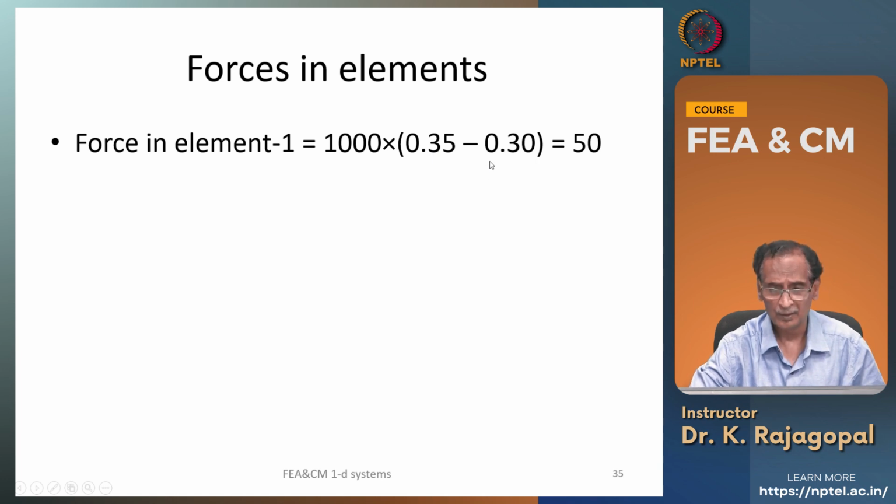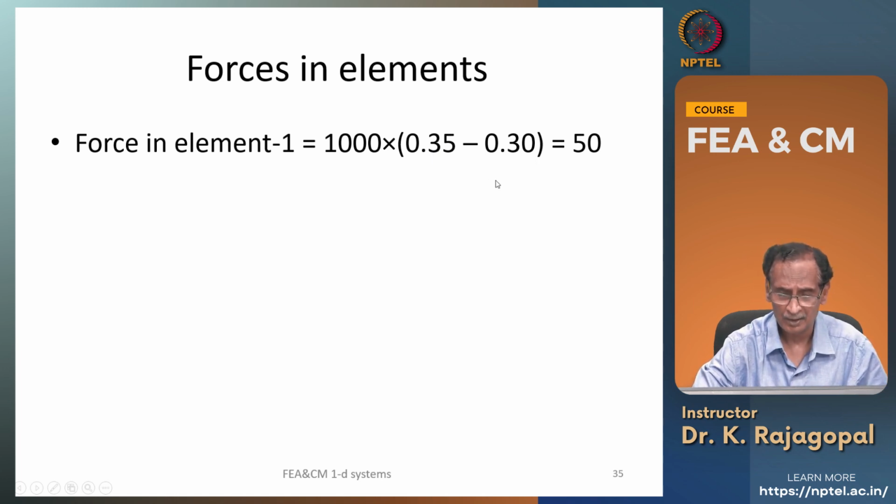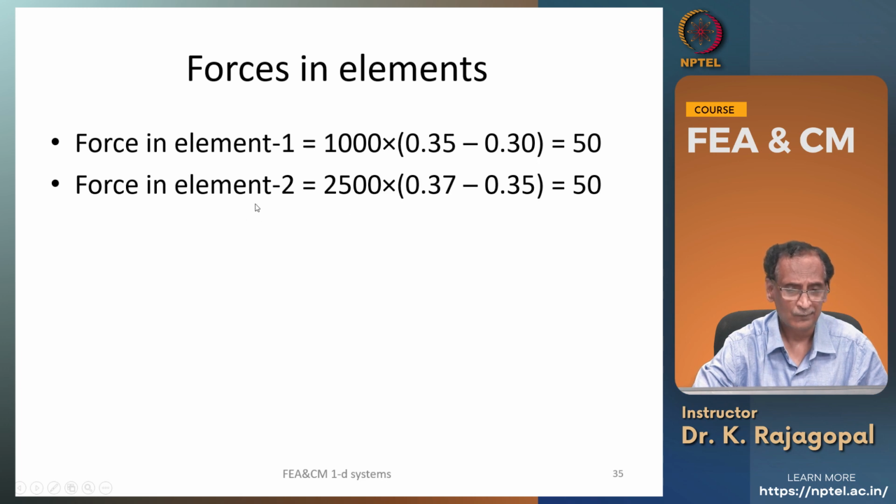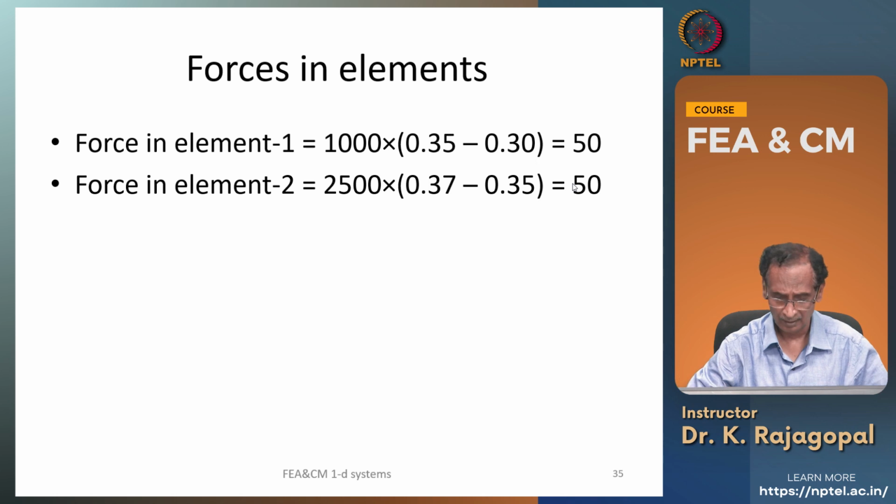That is the relative deformation, and that comes out as 50, and the force in element 2 is 2500 multiplied by 0.37 minus 0.35, and that comes to once again 50 because they are in series. Okay.